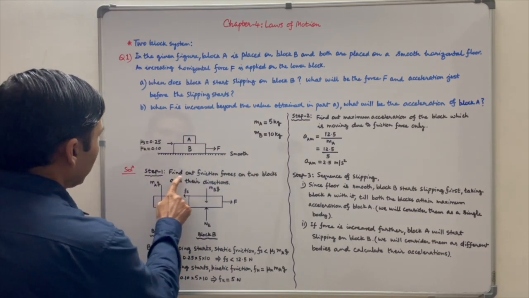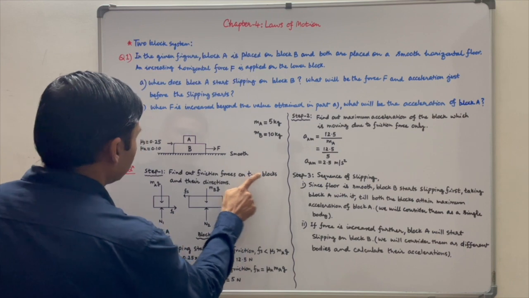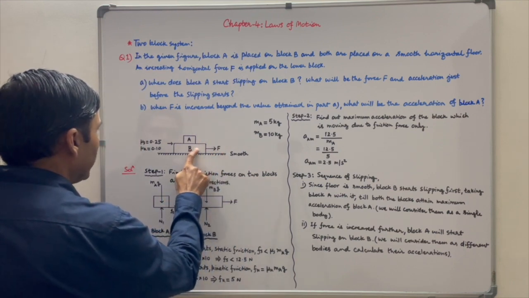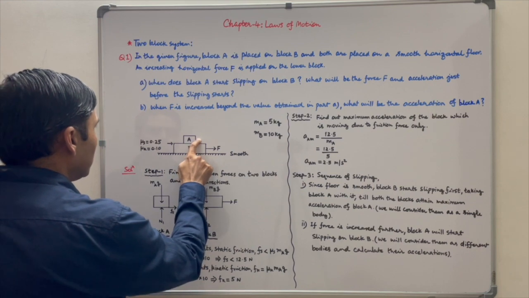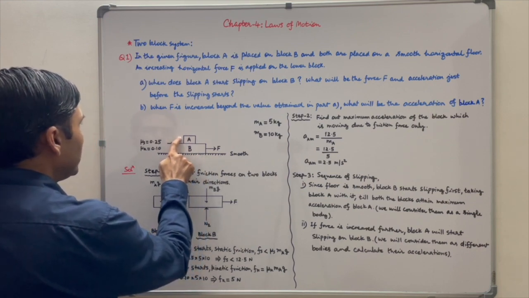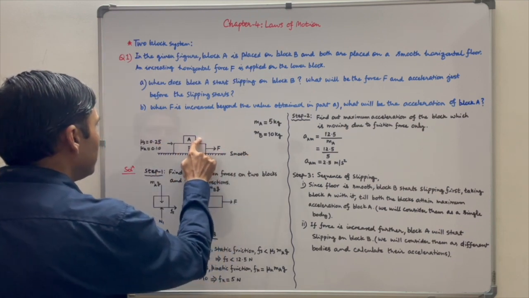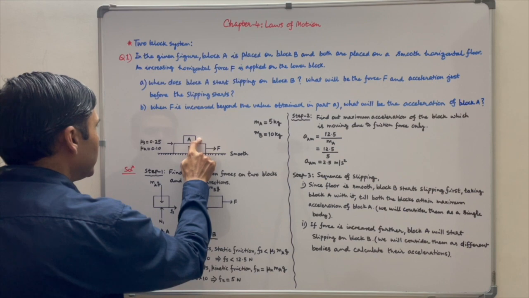First step, find out friction forces on two blocks and their directions. Force F is working on block B. There is no external force working on block A. Still, block A is moving along with block B in forward direction. That means there must be a force working on it in forward direction, and that force is none other than friction force.